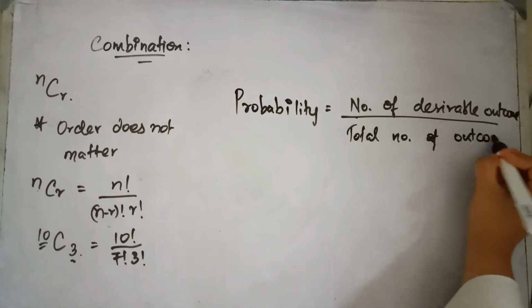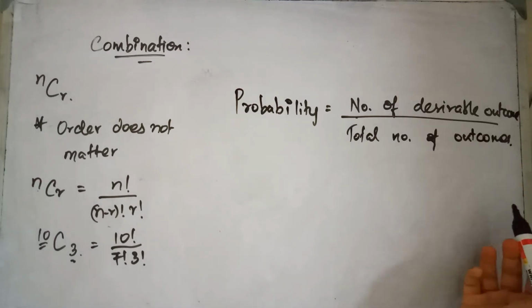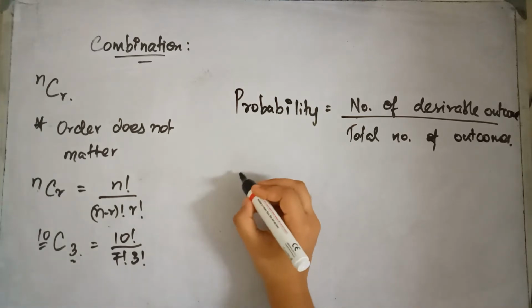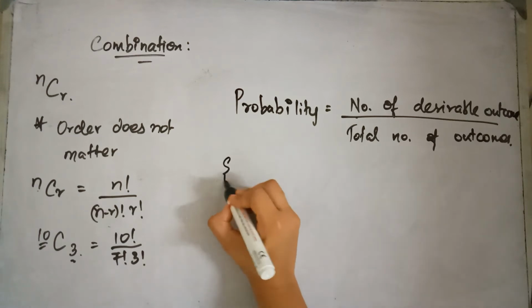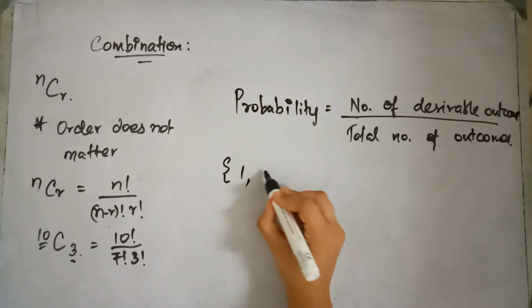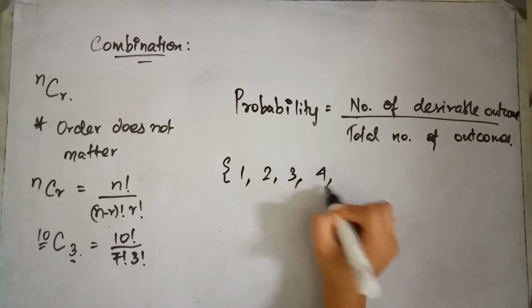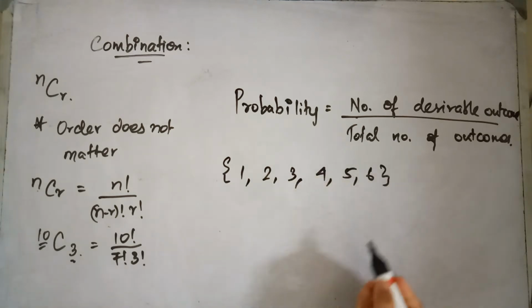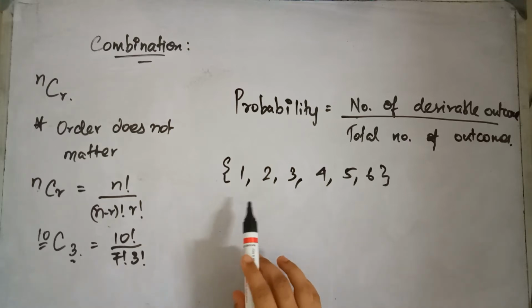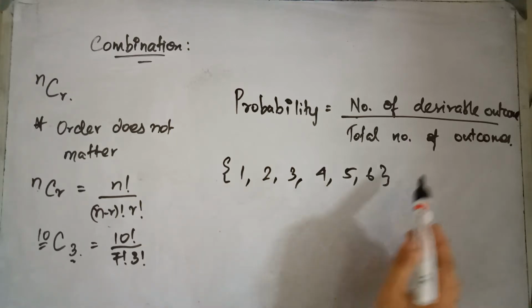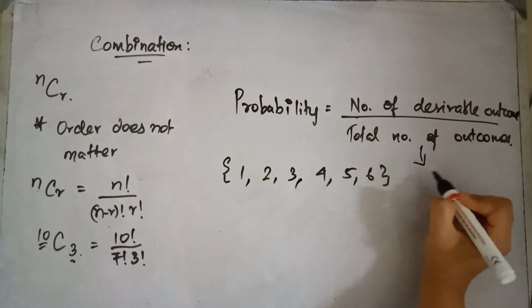Now, total number of outcomes is the sum of all the possible outcomes that can happen in an event. For example, if I'm rolling a dice, the total number of outcomes will be getting 1, 2, 3, 4, 5 or 6. Why? Because the dice has 6 different faces, 6 different sides. So I could get any of these outcomes. So the total number of outcomes will be 6.